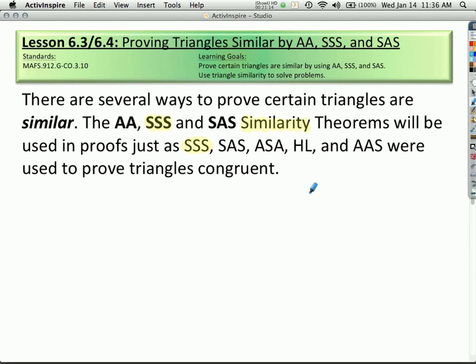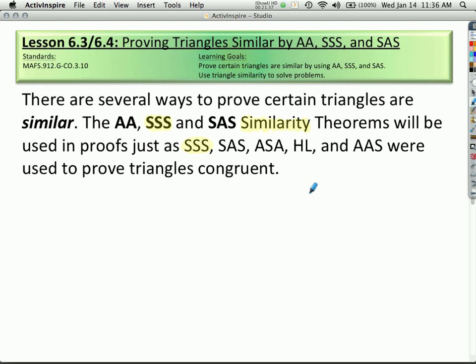So from now on, if you're doing a proof and you have to write a reason and you're going to write SSS, you now have to write SSS congruence or SSS similarity. Okay? So there's a difference. Anyone have any questions about that?